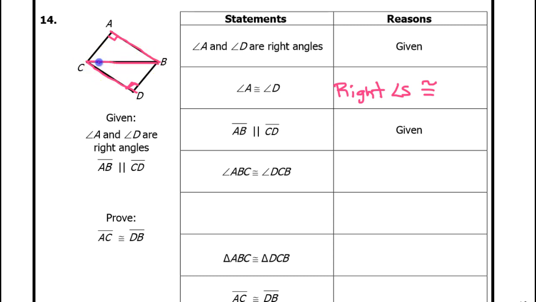So once you do that, it's easy to see that the corners of the Z will be congruent. And that's because these are alternate interior angles. So the reason will be the alternate interior angles theorem.